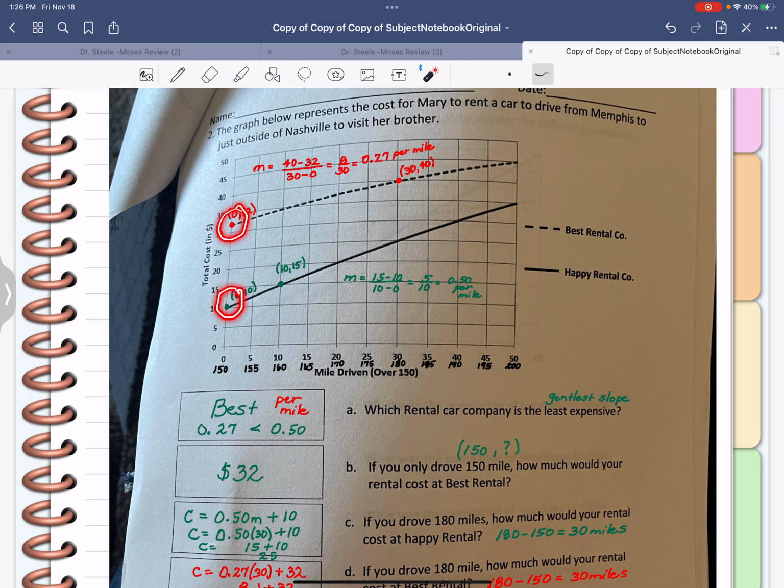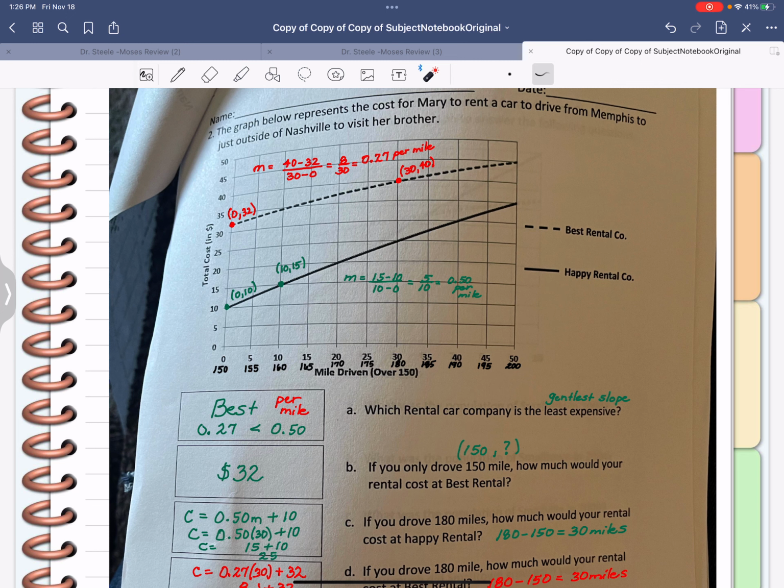I can tell by the gentleness of the slope that this is cheaper per mile. But you have to account for this starting point. The intercept always has to be added in. So to answer question A, yes, it's cheaper per mile, at least after 150.